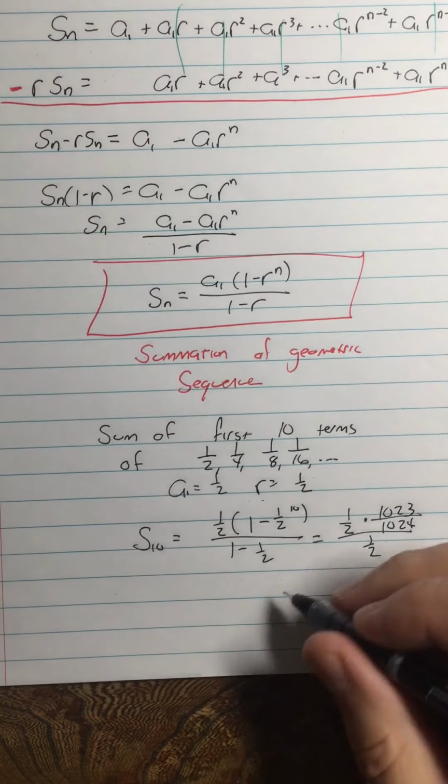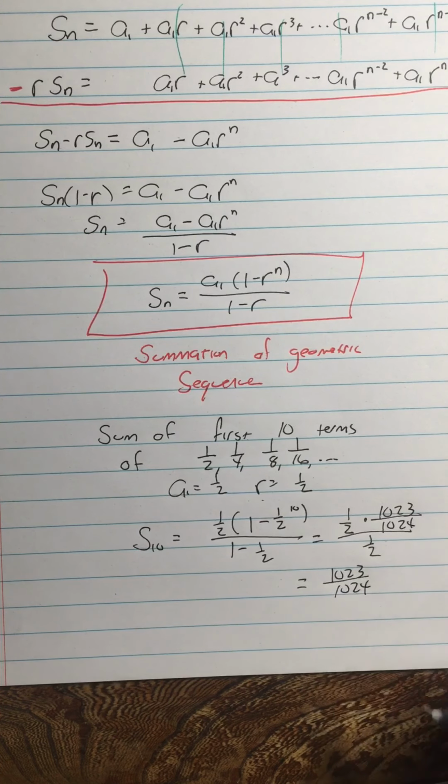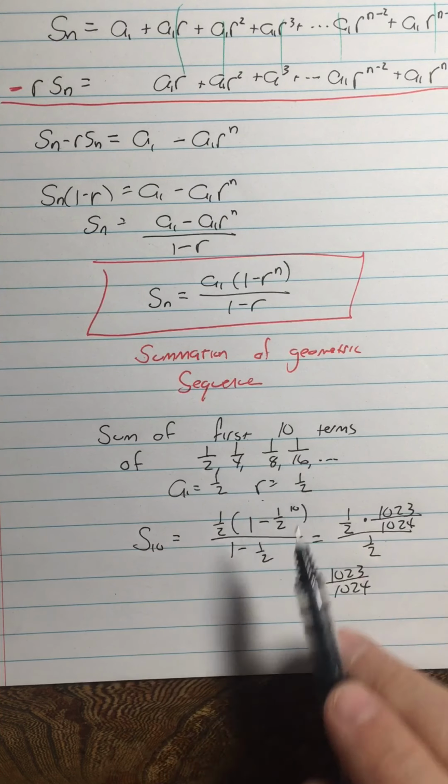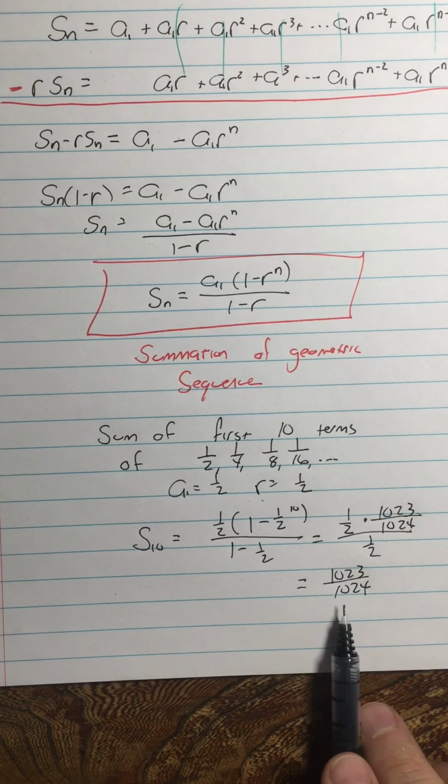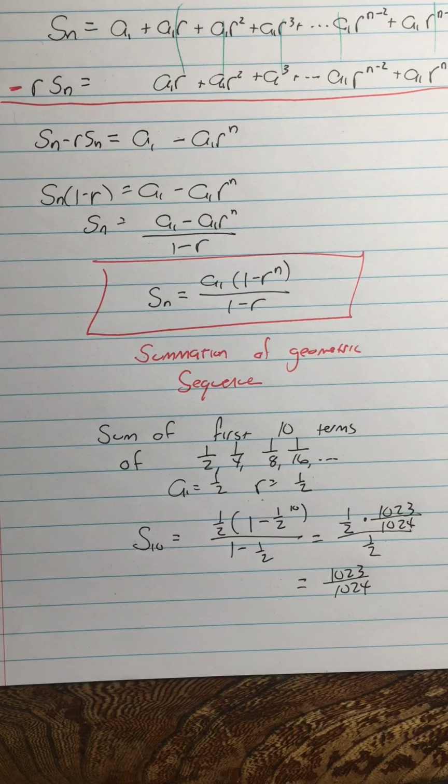Cancel the 1/2s, and we get that this equals 1,023 over 1,024. That is the sum of the first 10 terms of this sequence. Interestingly, very close to 1. And that's something that's going to really interest us quite a lot as we go forward. Okay. So the next thing we're going to talk about is limits of sequences.